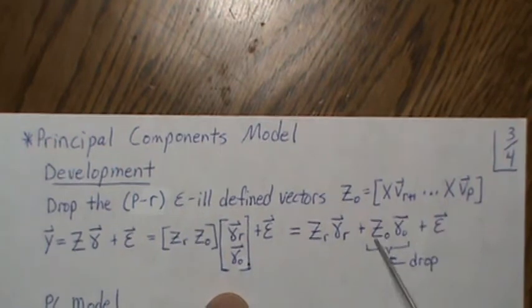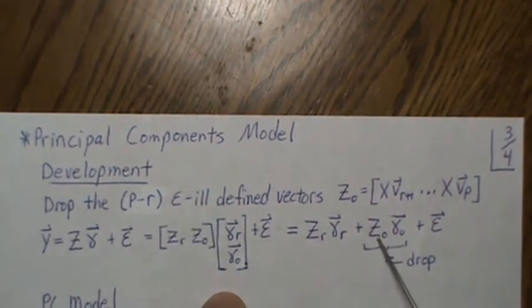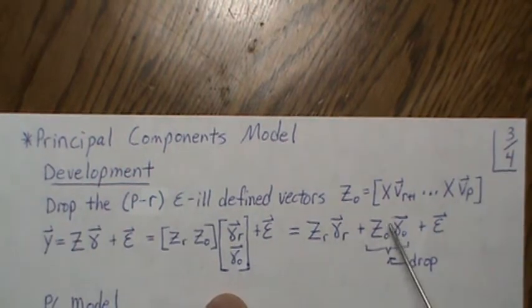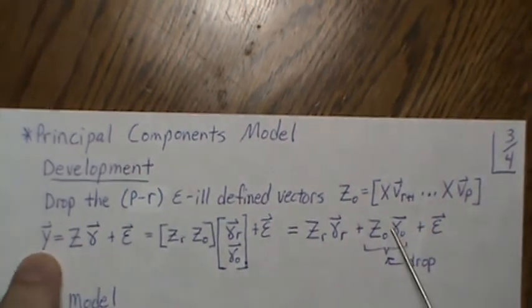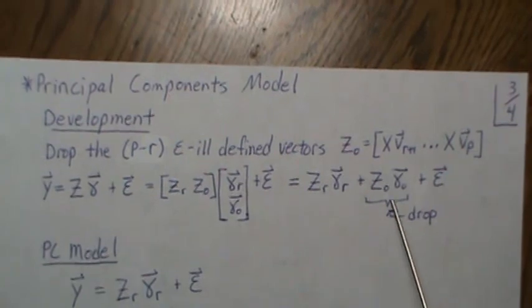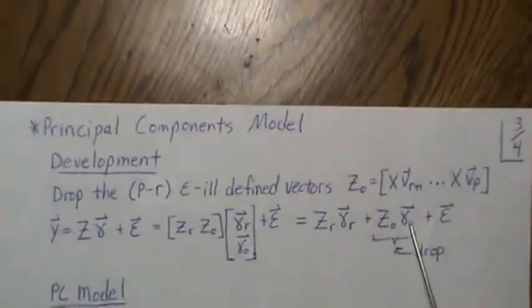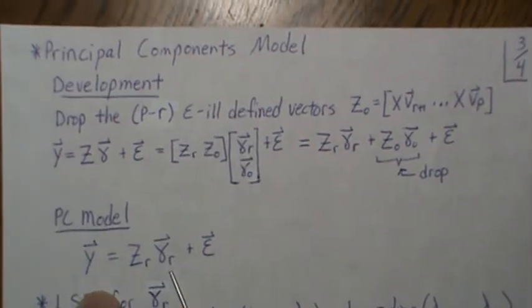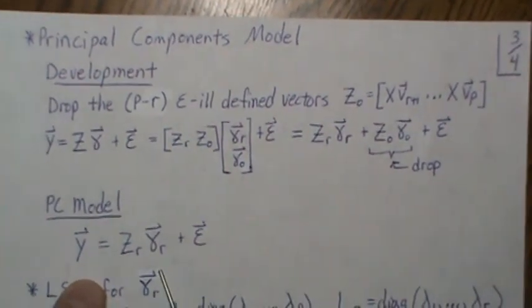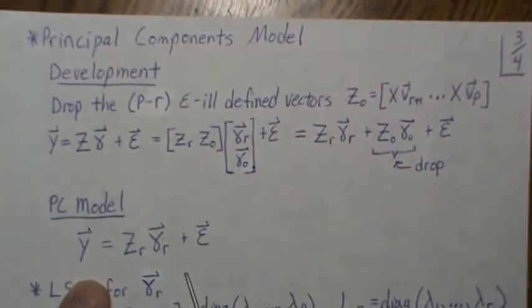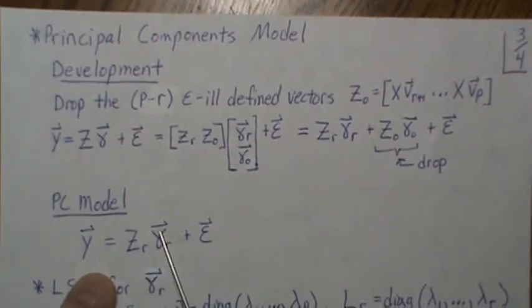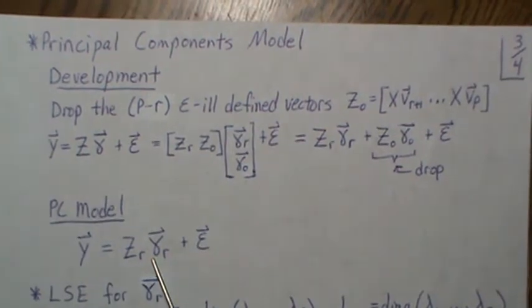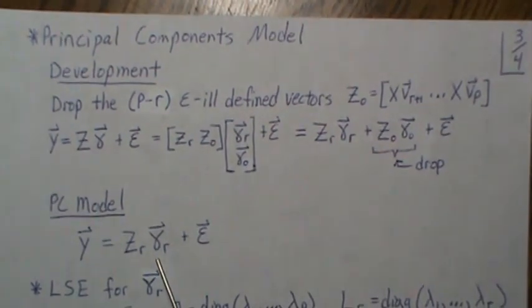Well, these are the ill-defined vectors, so they're really, really small. So this contributes very little to the overall model. So why don't we just drop it, right? And that's what we do. So what's left over is called the principal components model. And this is it. We're only keeping the well-defined columns, or the ones that are not epsilon ill-defined.